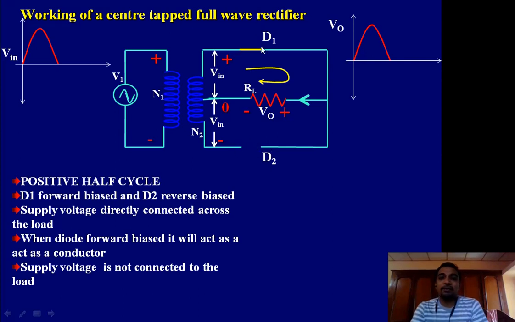Why? Because D1 is short circuited. So the entire voltage applied means V in plus V in, 2 V in. In reverse bias mode, the maximum voltage is V maximum. So 2 Vm. The diode D2 is getting a voltage stress of 2 Vm during the positive half cycle.